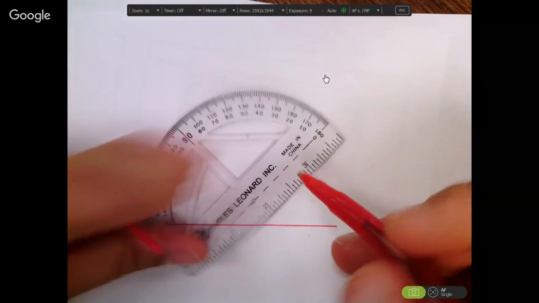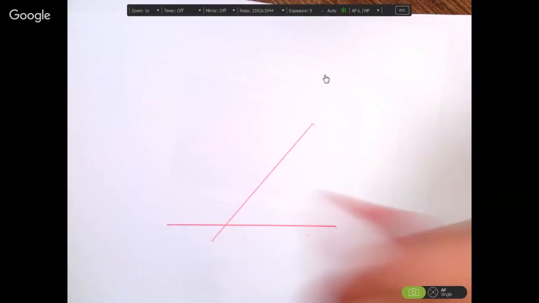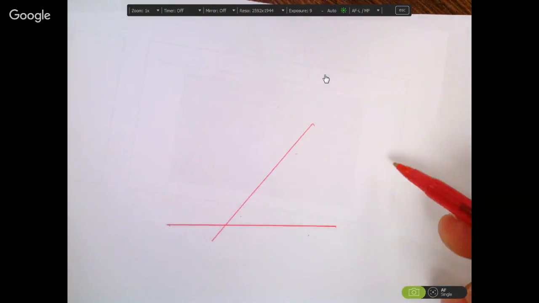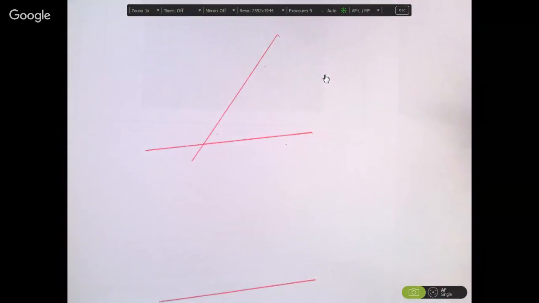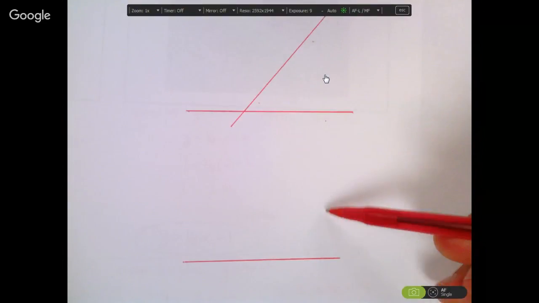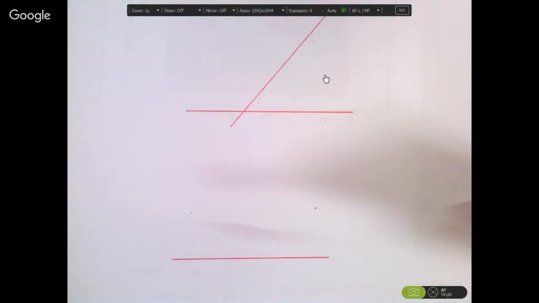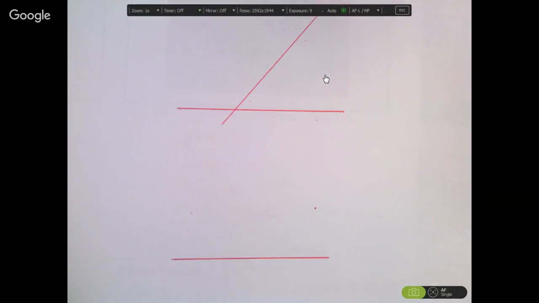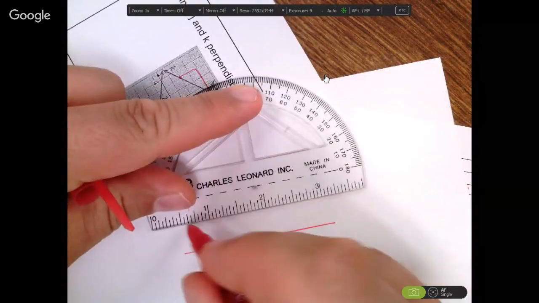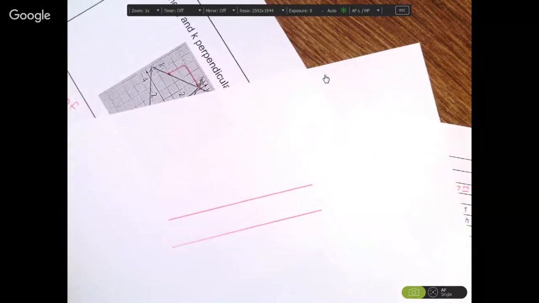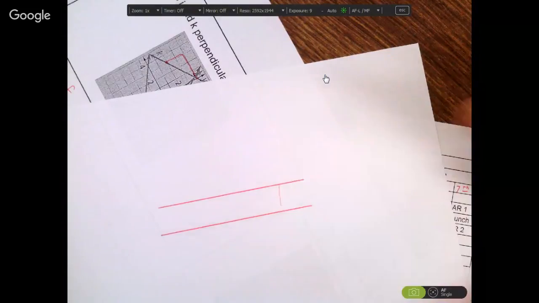So a parallel line, the way that we construct it is we use corresponding parts. We're going to recreate this angle up here to make corresponding parts. Another way, what's true about parallel lines? What's true about this distance right here and this distance right here?